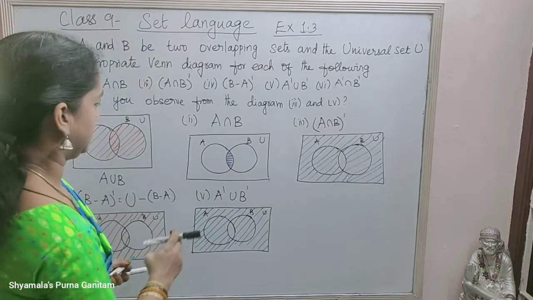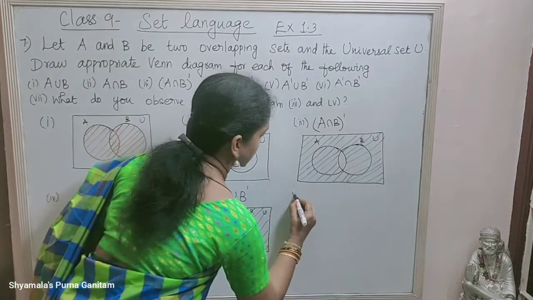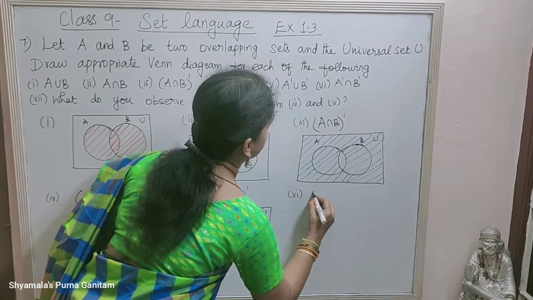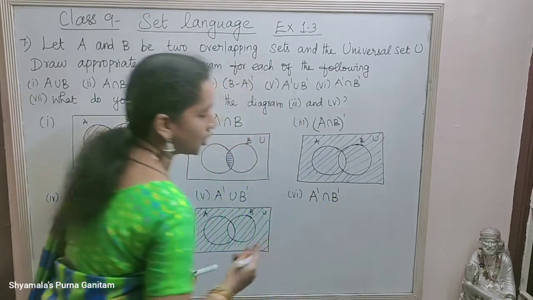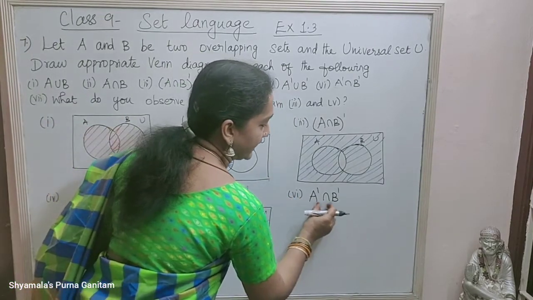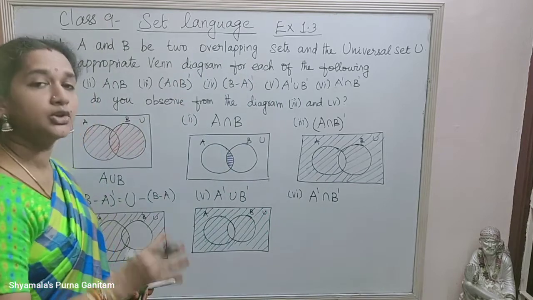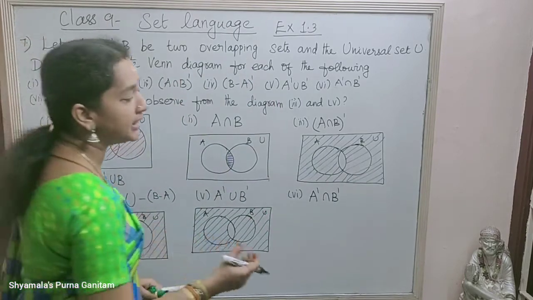Then fifth sum is over. Then sixth one. So sixth one is A dash intersection B dash. So common elements from A dash and B dash you have to write.